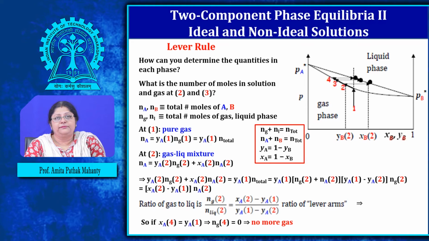All you have substituted is the N total out here. Okay. The last expression which we have got, in spite of NA, we get NL, or XA minus YA into NL. Right? Yes, ma'am.